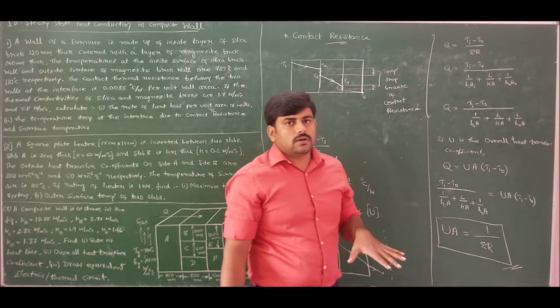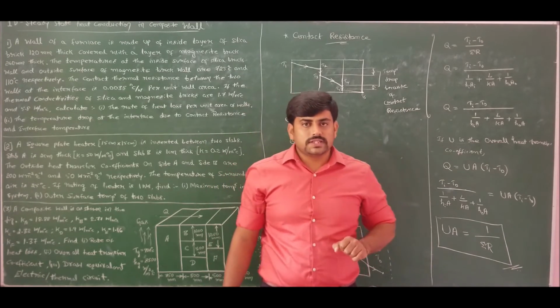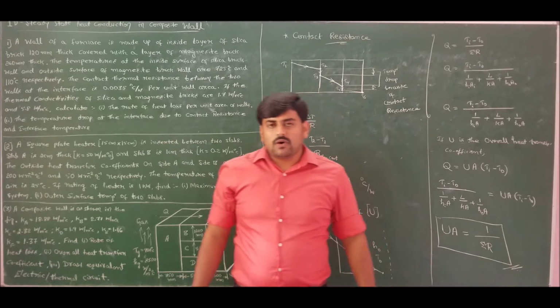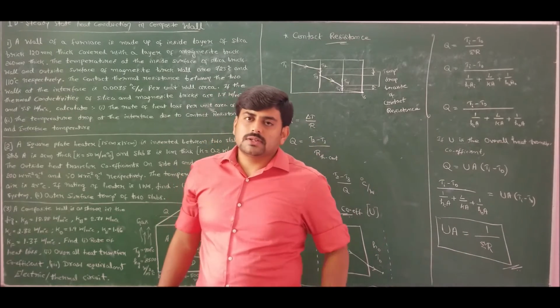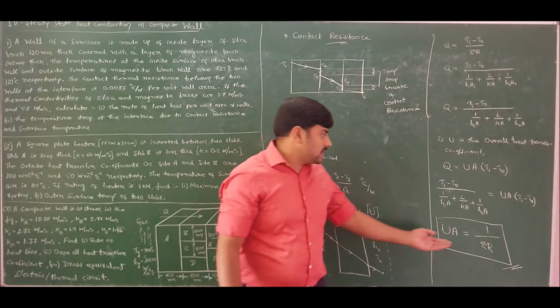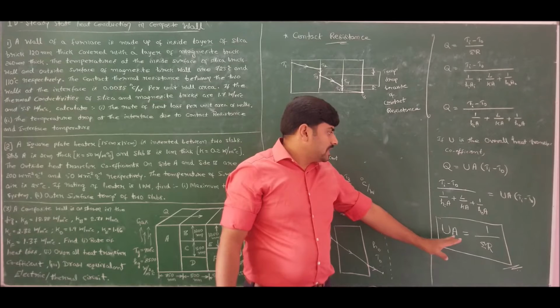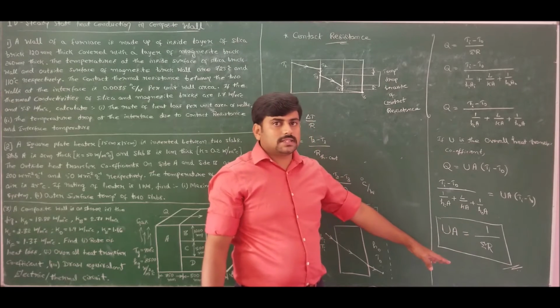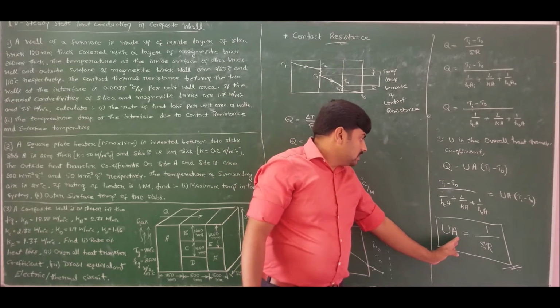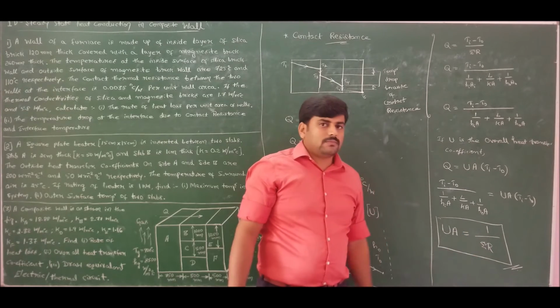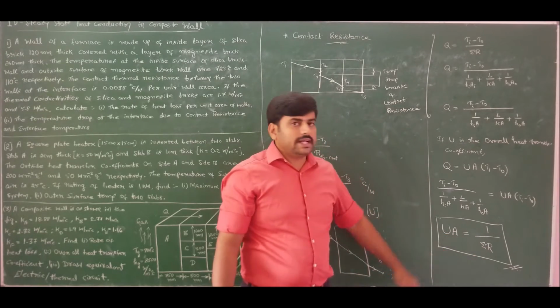But to remember the equation for the overall heat transfer coefficient, this is the best way, because you know the formulas for resistances due to convection and conduction, using which you can determine the resistances. Now use the formula U times area is equal to 1 by the sum of resistances. Now move the area across, and that becomes 1 by area times the sum of resistances, which gives you the overall heat transfer coefficient.